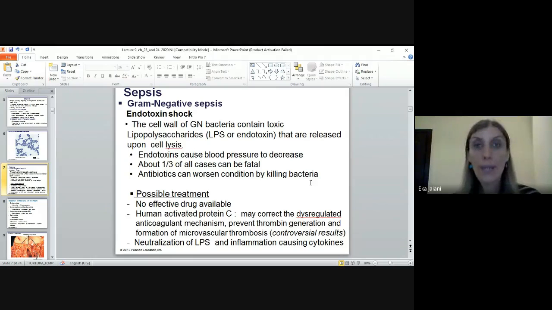It leads to coagulopathy and coagulation of the blood in internal organs and the skin. It is a very bad sign. And of course, there is inflammation, as mentioned, hypotension, a blood pressure drop, and multi-organ failure.